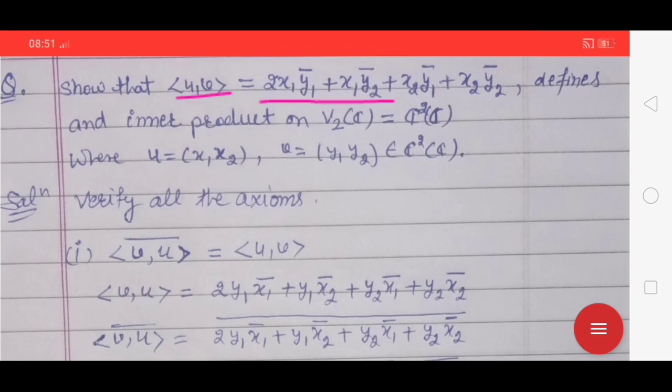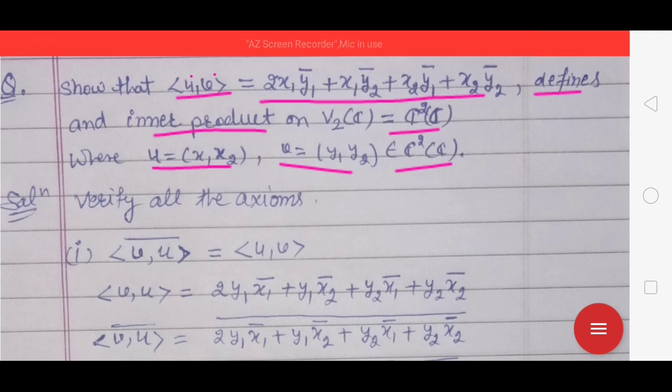We have to show that this function is an inner product on C square over C, where u is (x1, x2) and v is (y1, y2), belonging to C square over C. Here, if you have observed, the coordinates x1, x2 of u have no bar on them, while the coordinates of v have a bar. So this function is an inner product on the given vector space.